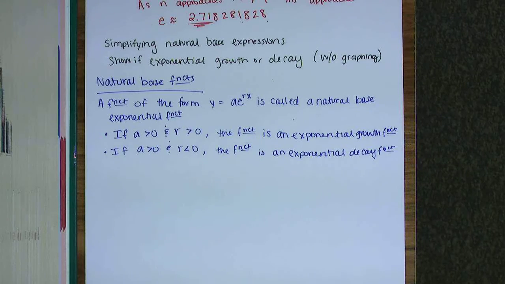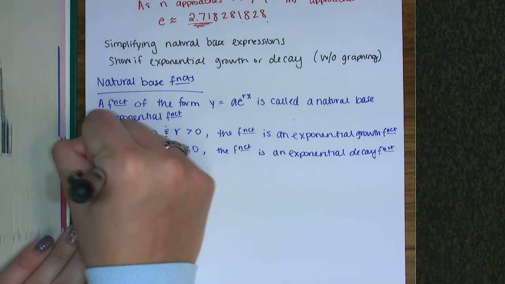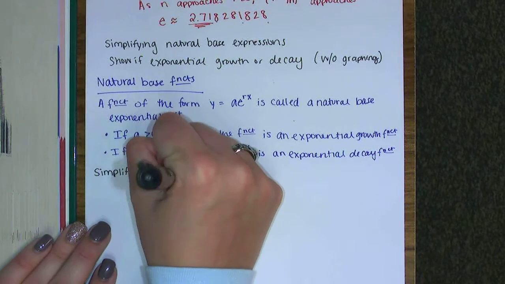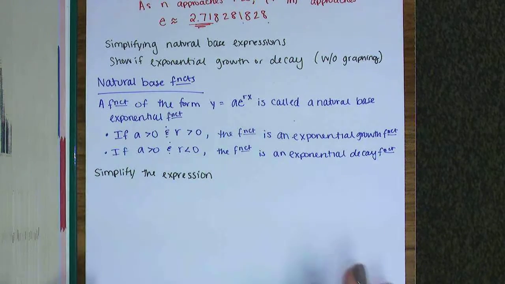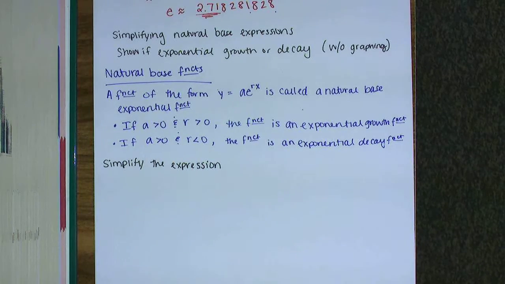This first set is just to simplify the expression. So this is basically just following the rules of exponents, and rules of canceling stuff in general. We'll fly through a few of these problems.